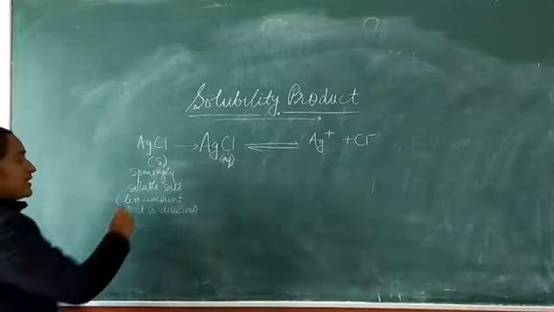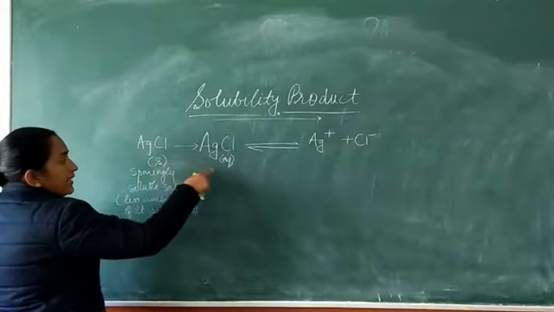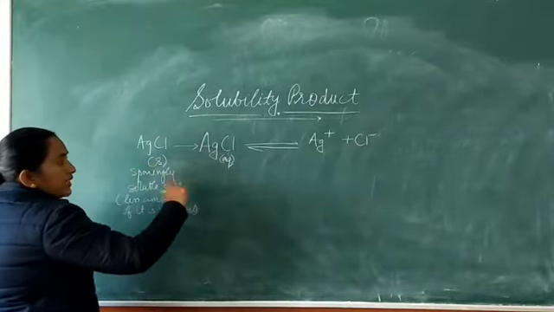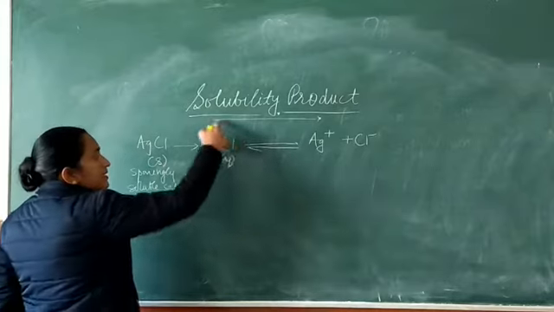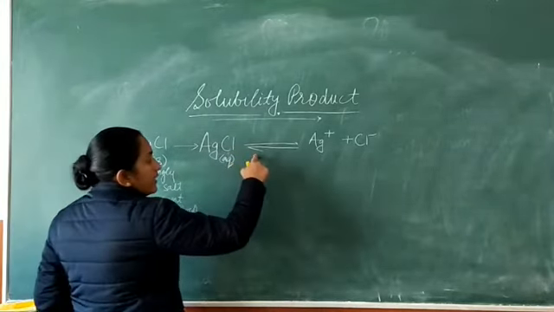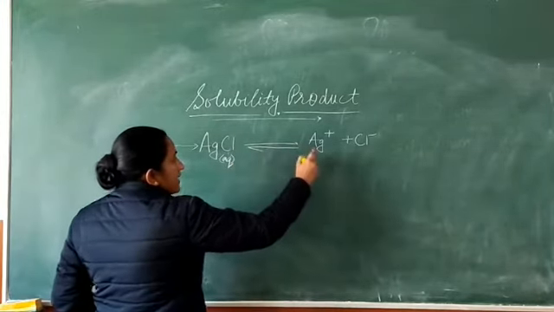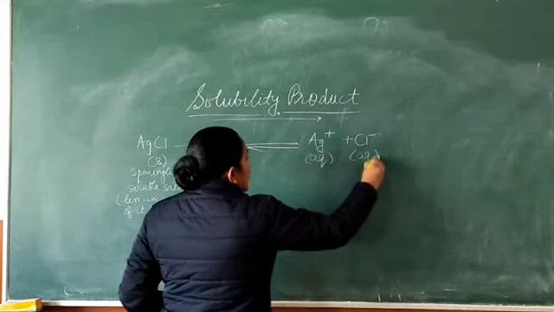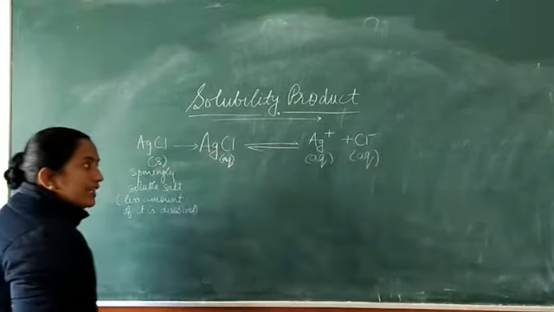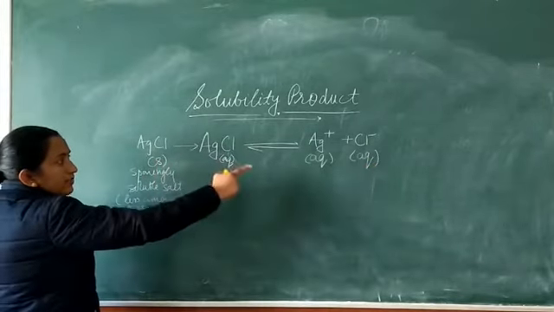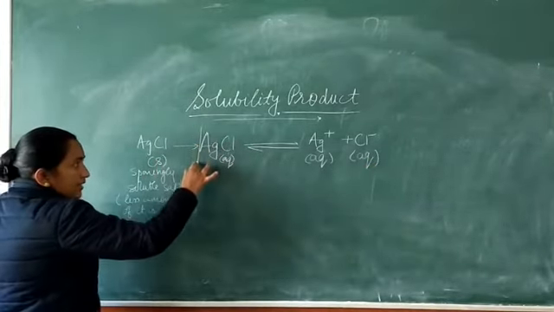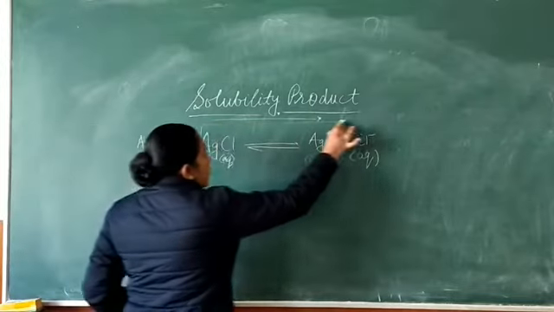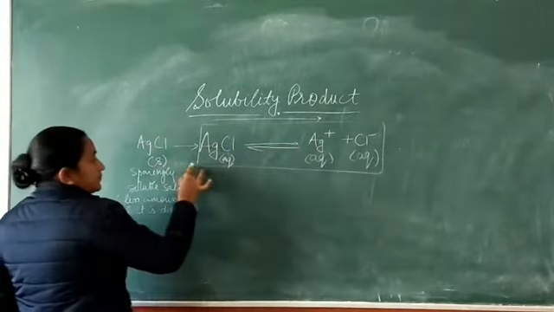So when AgCl in solid state is added into water, a part of it will get dissolved, and whatever part is getting dissolved will get ionized into Ag plus and Cl negative. So it will be in ionic equilibrium. Either you write this complete reaction or you can start the reaction from here also.